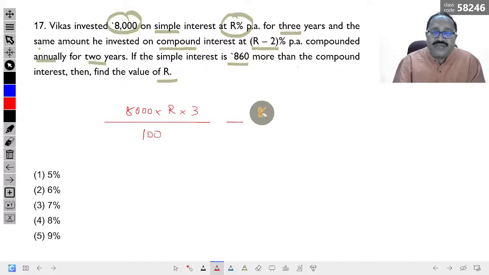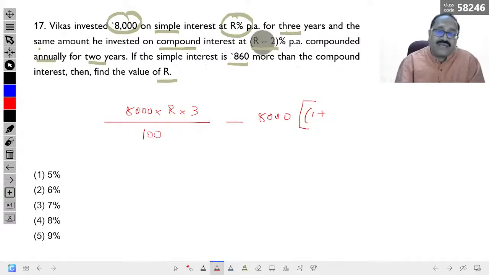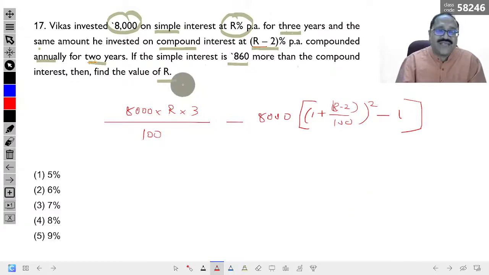Compound interest is 8,000, and the square bracket that is 1 plus R minus 2 by 100 to the whole power, 2 years, minus 1. Square bracket is closed. So this is SI and this is CI, which is equal to 860.